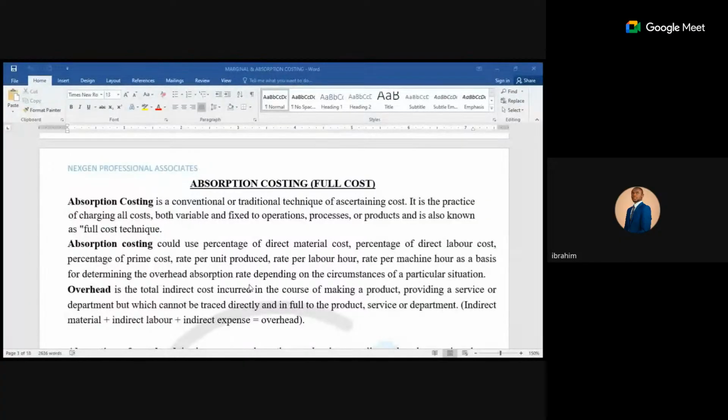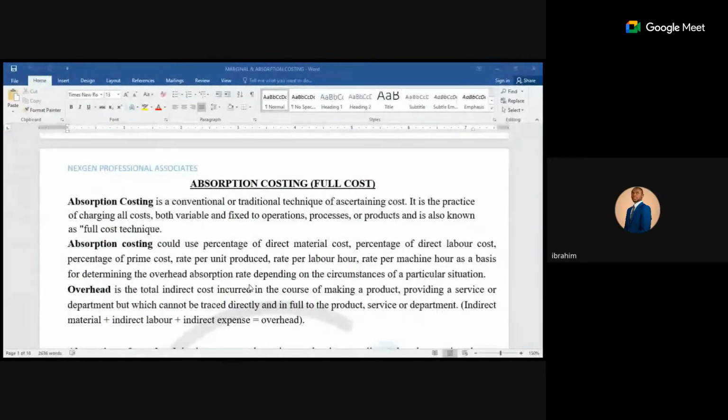The question now is, what is overhead? Overhead are costs that are not incurred directly on a particular production. They cannot be traced. You cannot use them directly when producing. An example of an overhead cost, which you can call an indirect cost, is rent. Let's say you are producing cement.